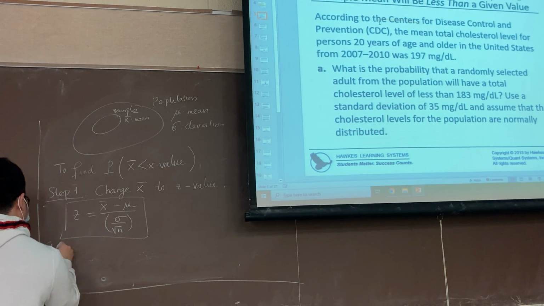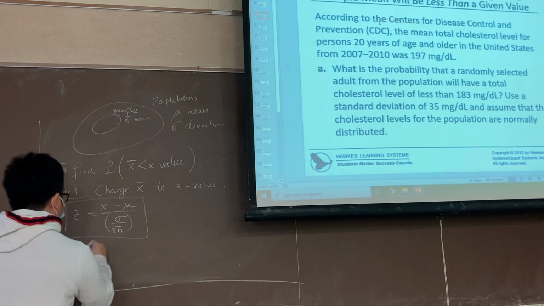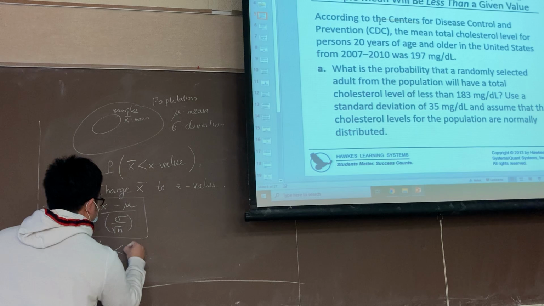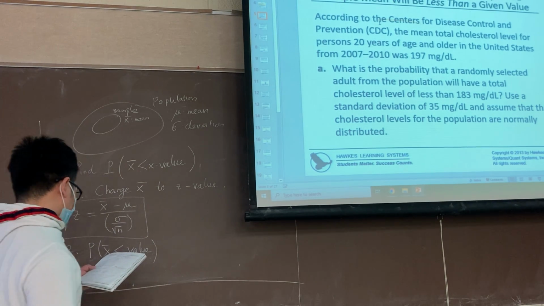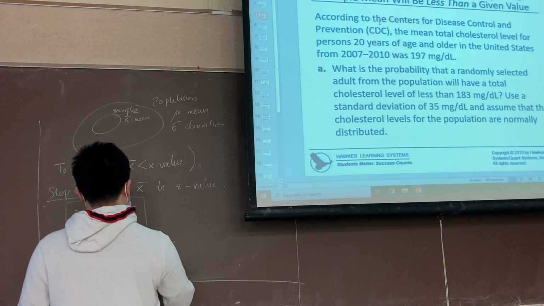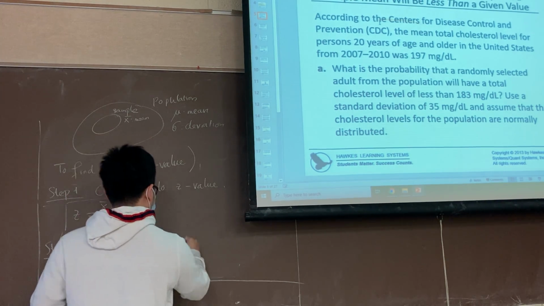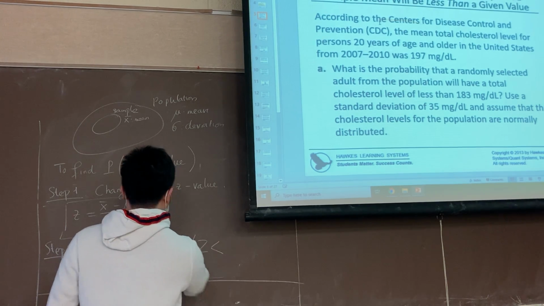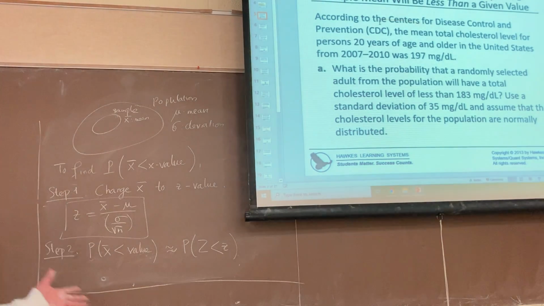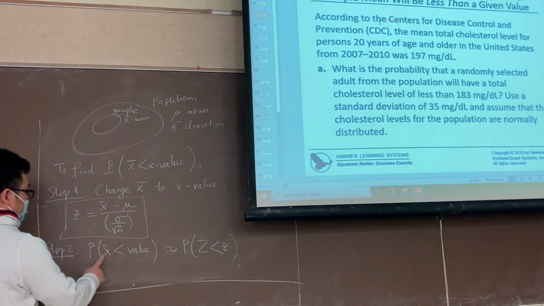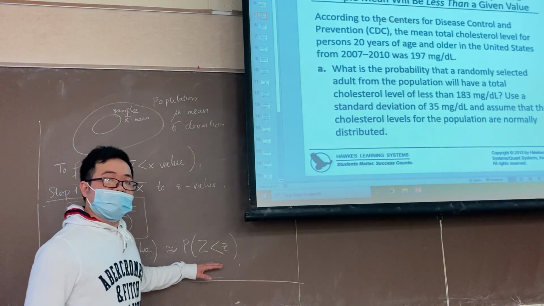And step two. The probability of x bar less than a specific value is approximately the probability of z less than z. And similarly, the probability of x bar greater than a value is approximately the probability of z greater than z.